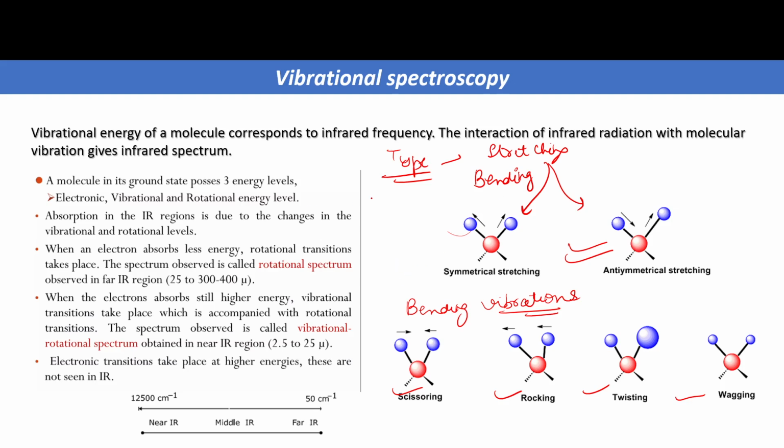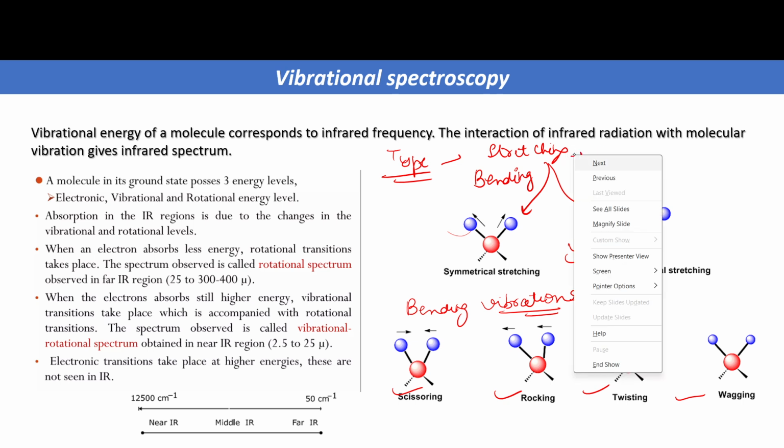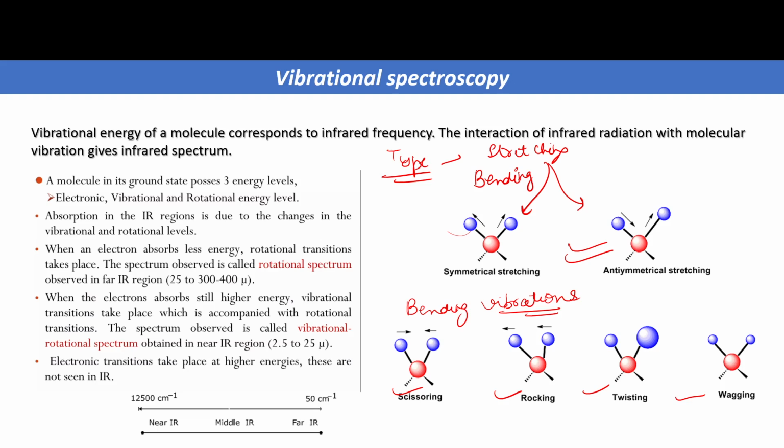Stretching vibrations are those in which the distance between the two atoms will either increase or decrease, but the atoms remain on the same bond axis. And what happens in bending? In bending, the position of the atom will also change.